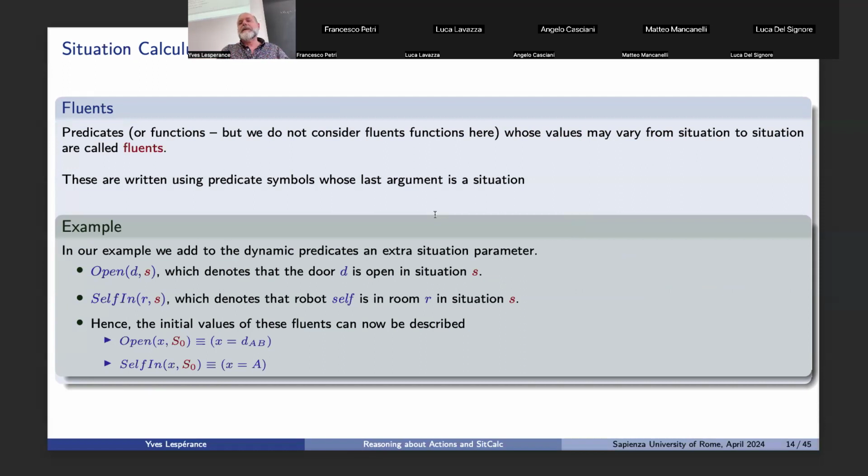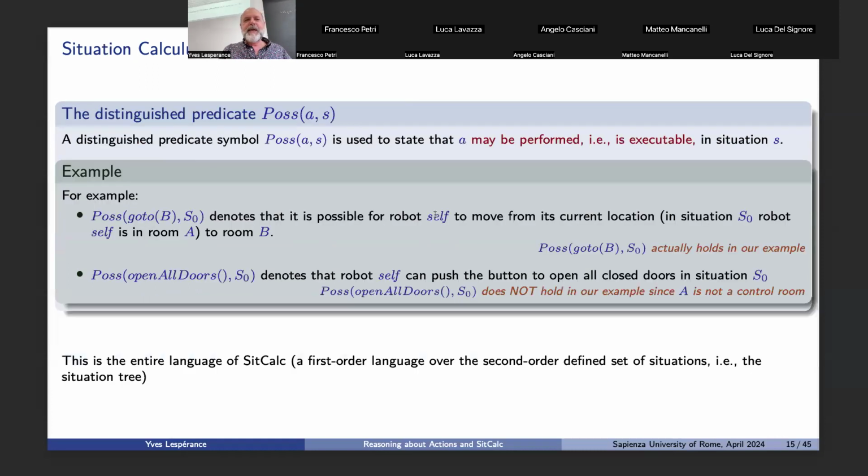But here, every function you can represent with a predicate and add that it's functional, so it doesn't really add anything. And you could also have non-fluent predicates or functions, but you can always represent a non-fluent by a fluent. Just add a situation and say it never changes.